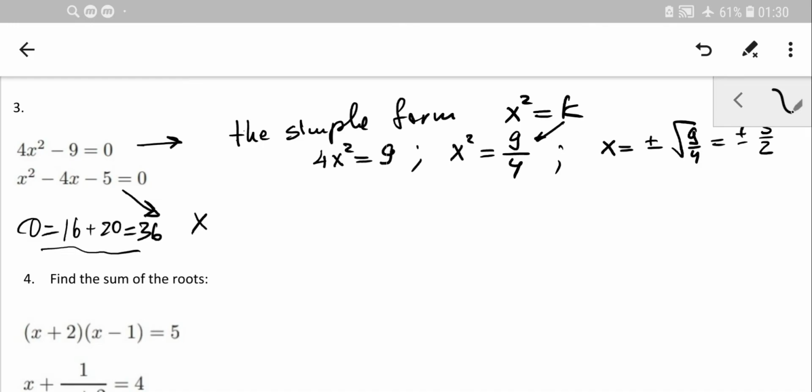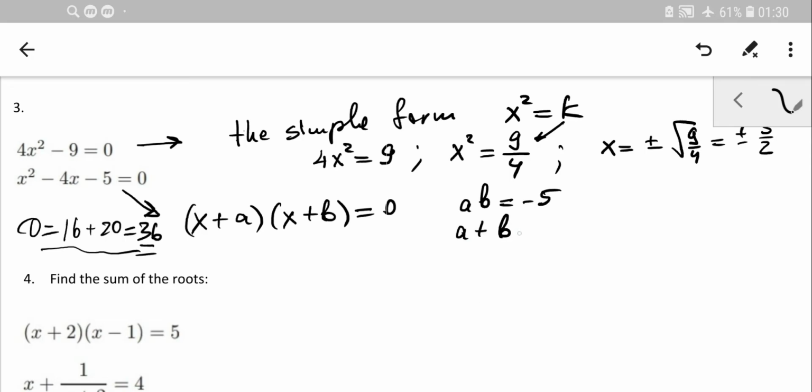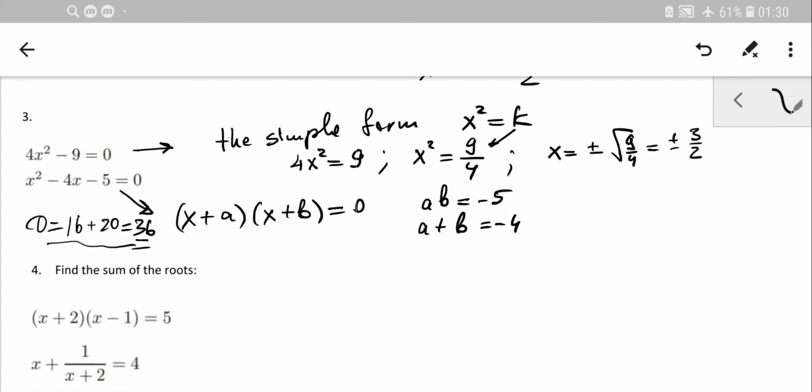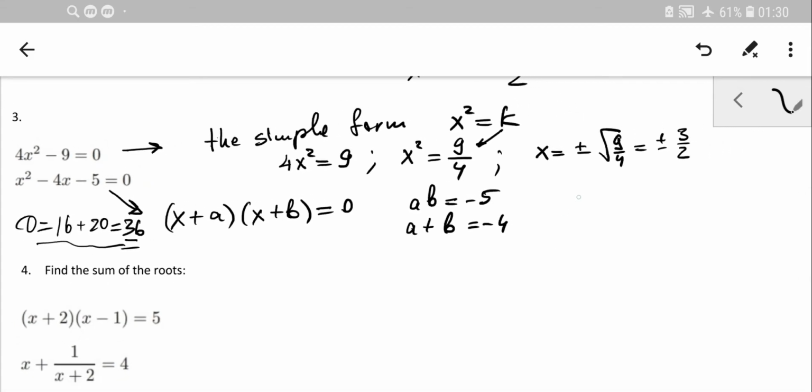So I just apply one part of the quadratic formula to estimate the discriminant, and now I know it's a good number, so I can apply factorizing. The technique: split it into two factors, x plus a and x plus b equals 0, right? Our goal is to find a and b, so I remind you that the product ab should be -5, while the sum should give you -4. From where we can establish that, let's say, a is -5 and b is 1.